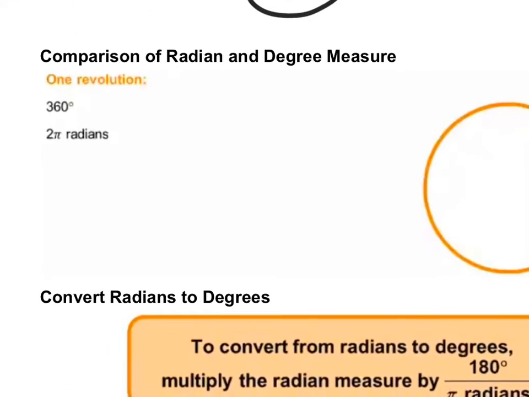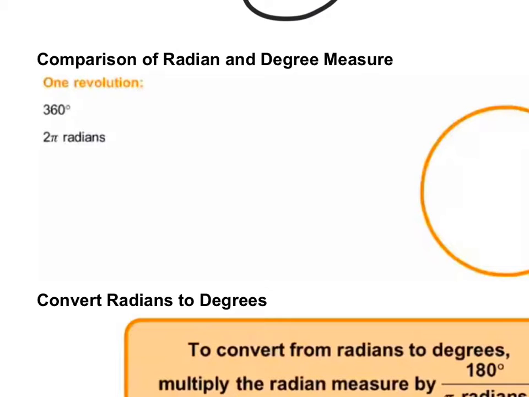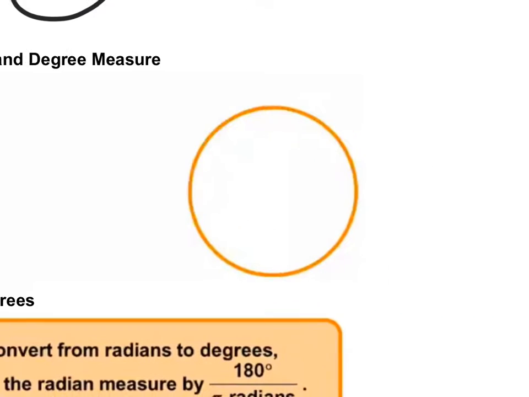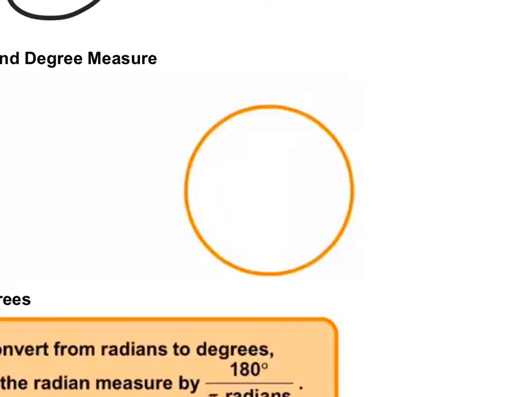Now let's talk about the comparison between radian measure and degree measure. What I like to think about is this: let's say I have a radius of 1, which is the easiest way for us to start off.